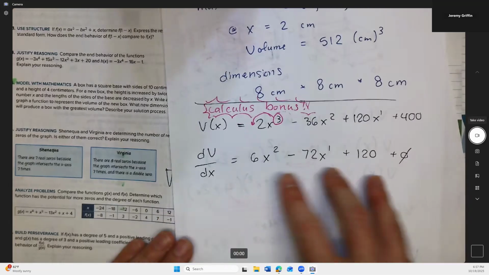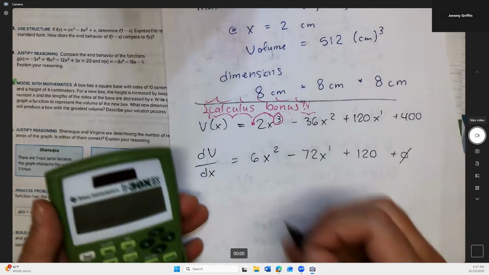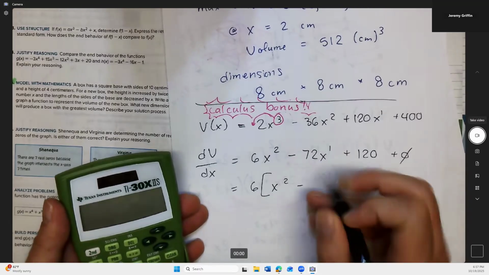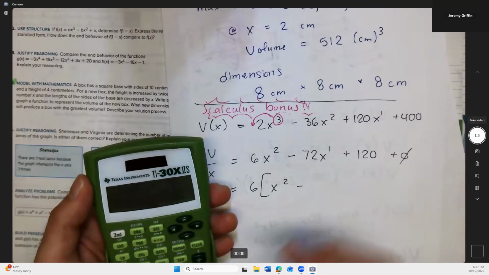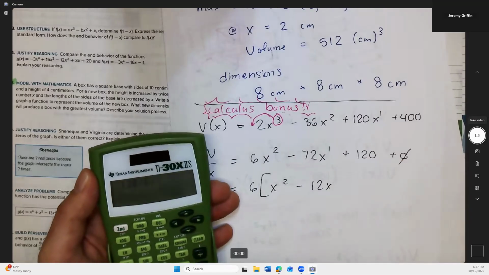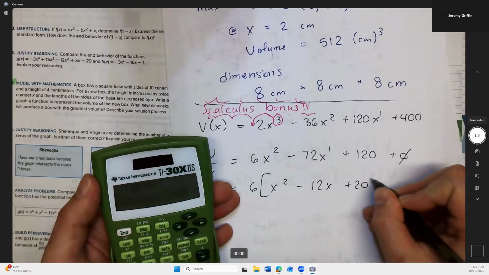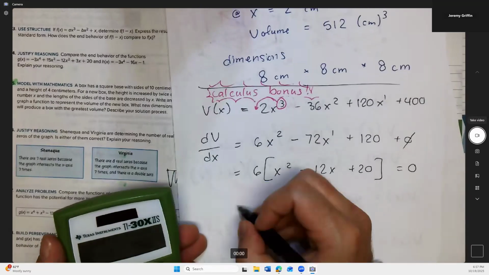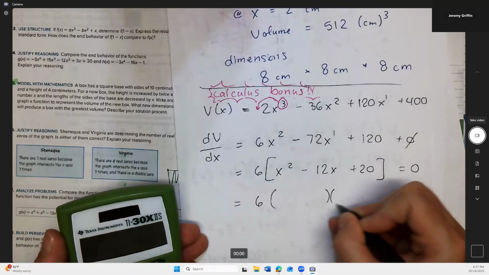Now I do see all these numbers are multiples of 6, so let me go ahead and take the 6 out. x squared minus 72 over 6, 12x, plus 20 equals 0. And you remember from the last few weeks, I think I can factor that. Let's see if I can.